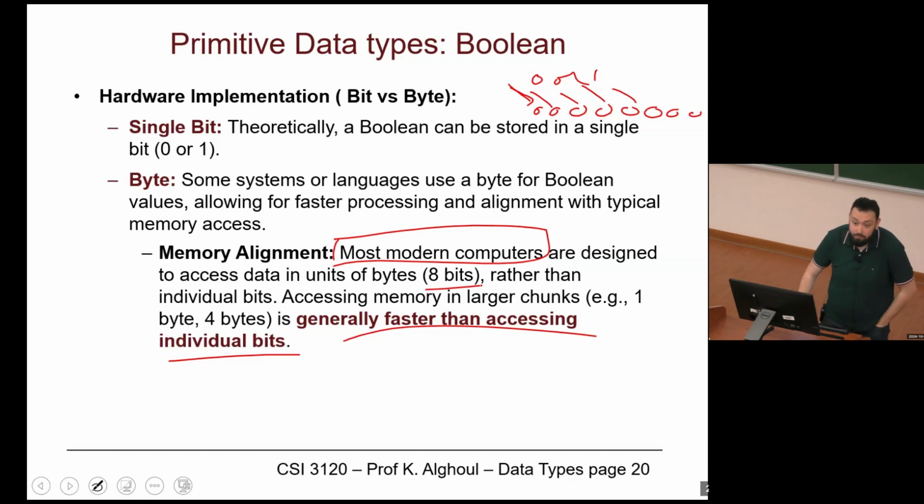Yes. Suppose we had some sort of class that had like 6 true false values in it. Would it make sense to put those in 1 byte together? I don't know actually if you can do it with these programming languages, but I'll tell you something. When we program microcontrollers for small hardware projects, we use bits sometimes, not bytes, because these very small microcontrollers have very, very limited memory.